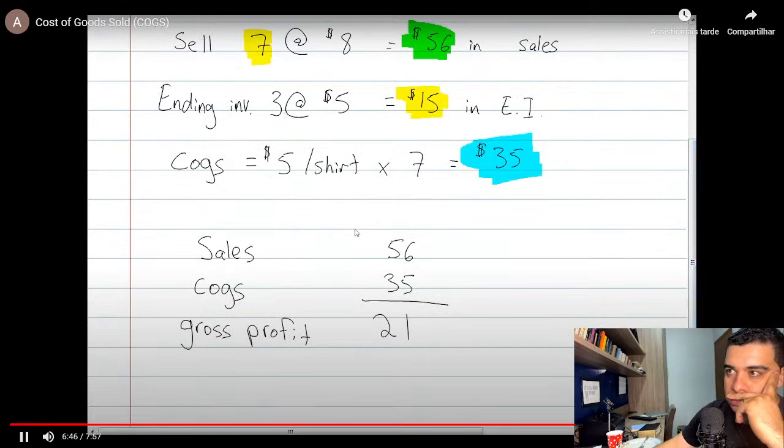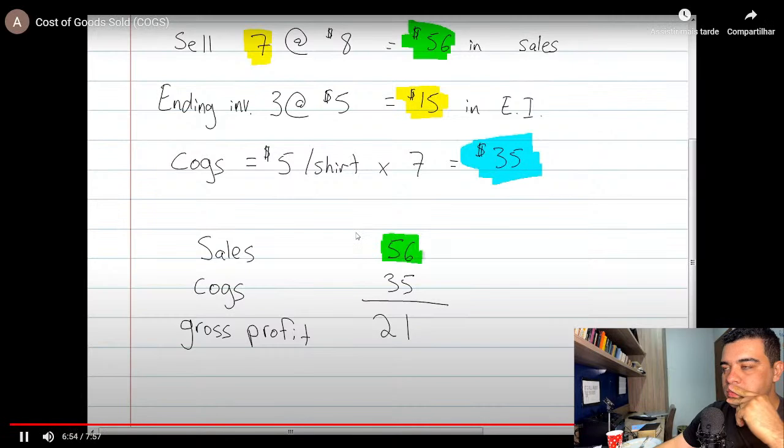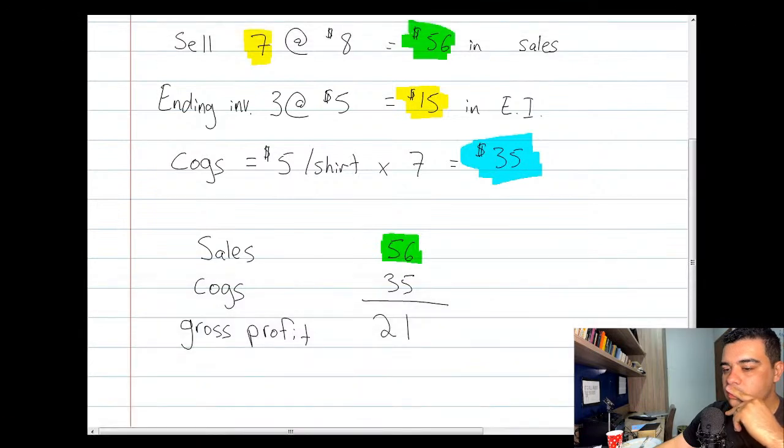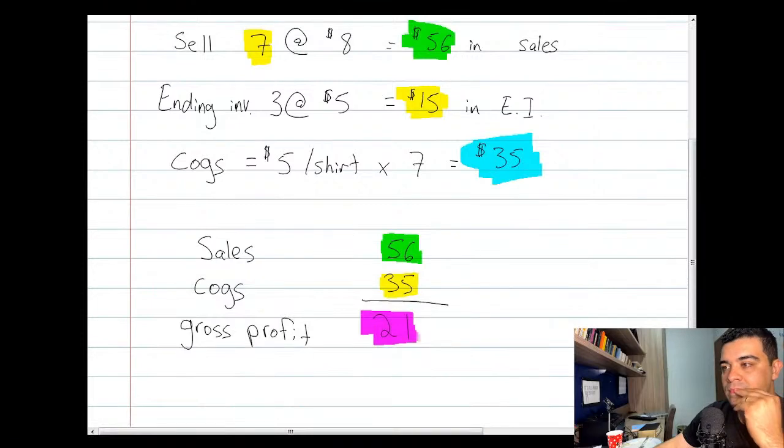So in summation, what we can say is that the 7 t-shirts we sold generated revenue of $56, and those 7 t-shirts cost us $35 to buy, which left us with profit of $21 in total for the 7 t-shirts that we sold.